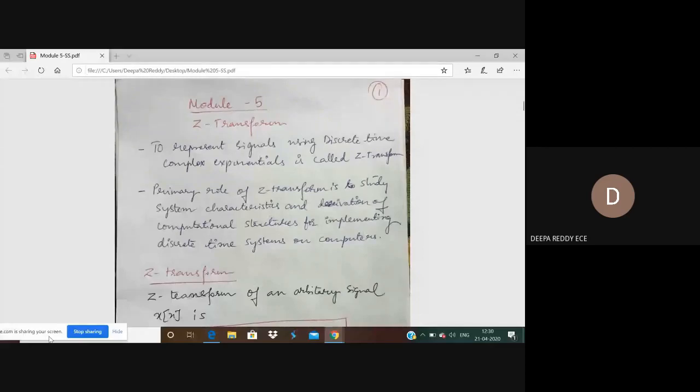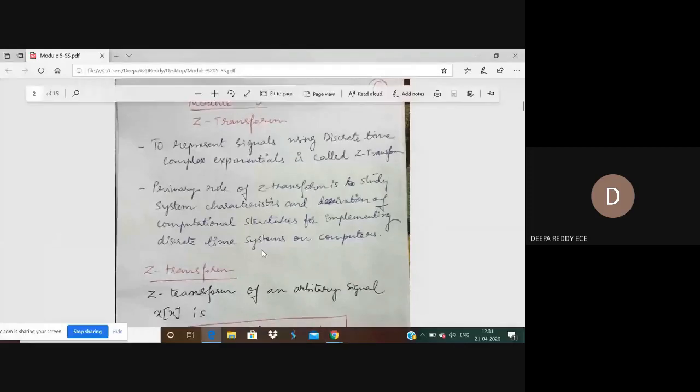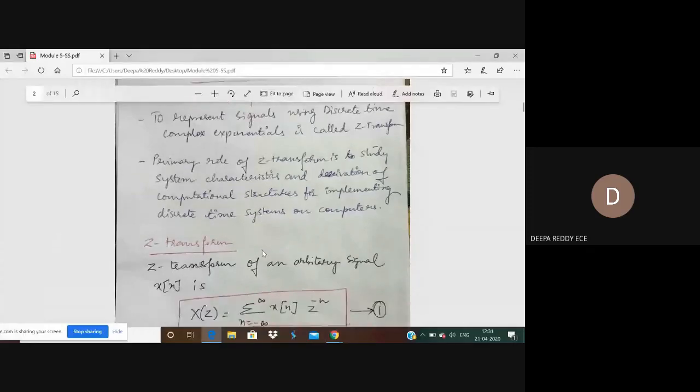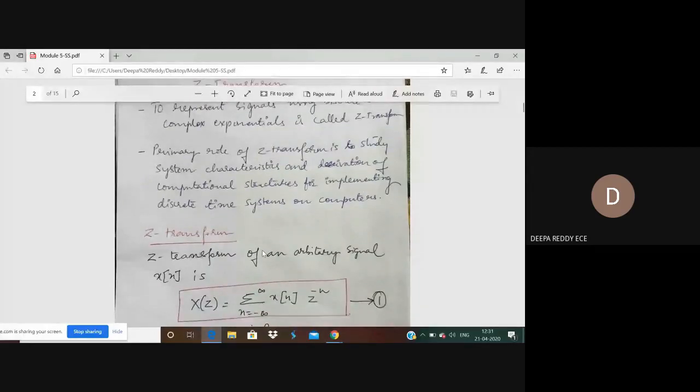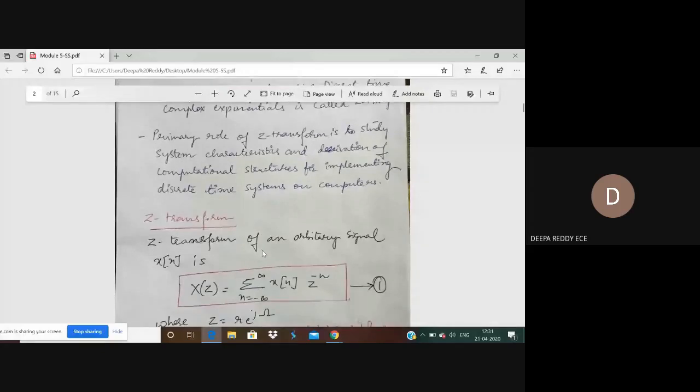So let us start with the definition of Z transform. Z transform of an arbitrary signal x of n is, so far, in module 3, we have seen CTFS, the Fourier tool we have learnt.